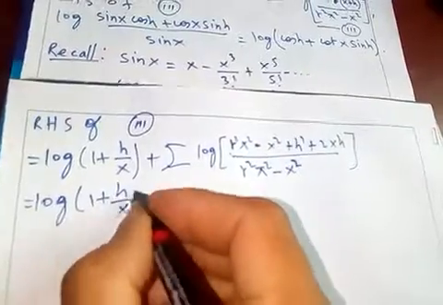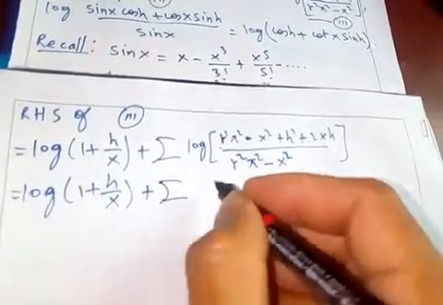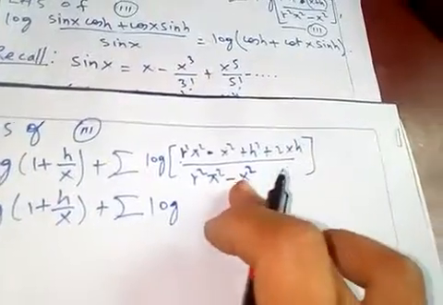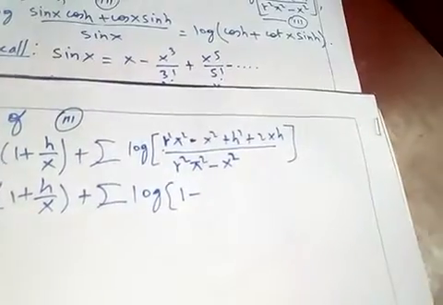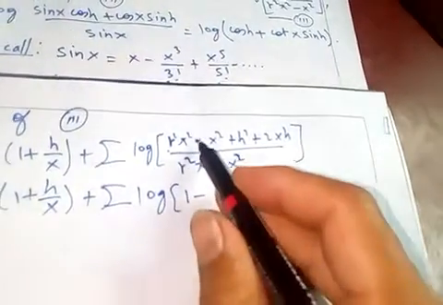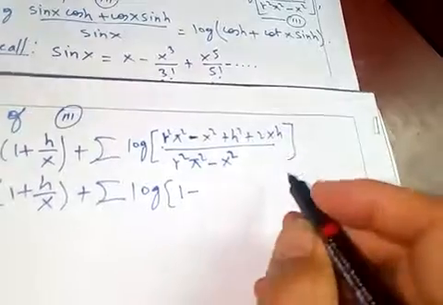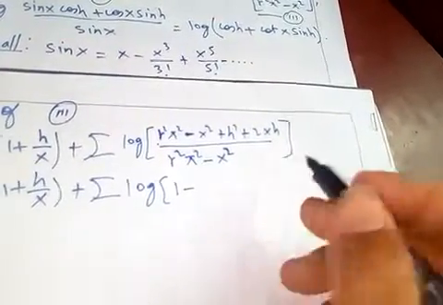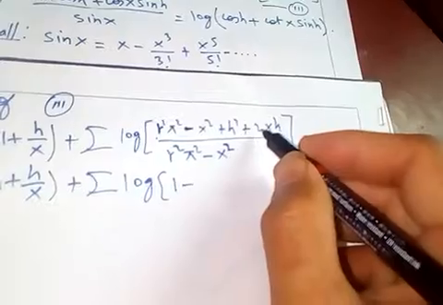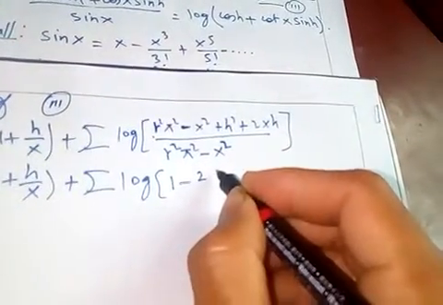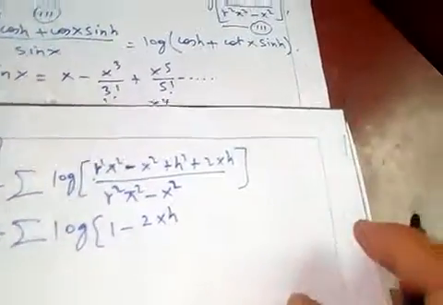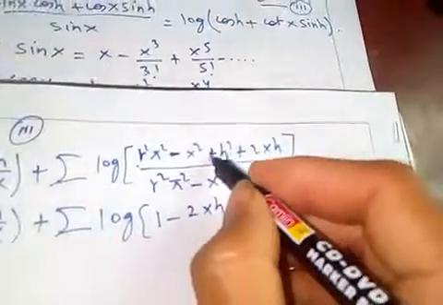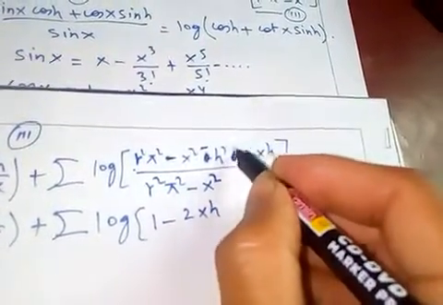If you divide this, it will be 1 minus this one, because here is minus. Wait, this is minus of this one, that means this whole term will be minus, not plus.